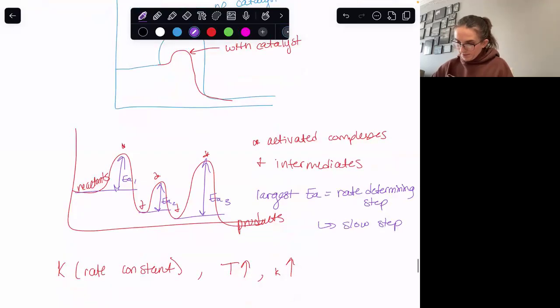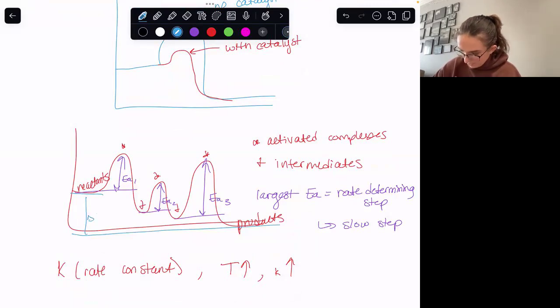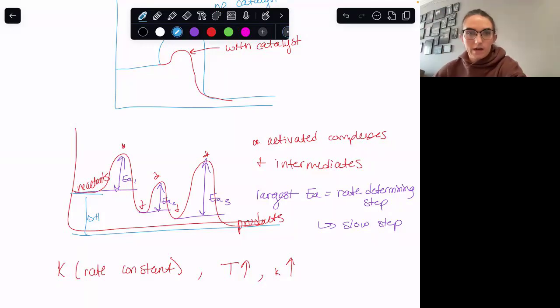And then the difference between reactants and products, this is your delta H. So this one would be exothermic because we have a lower product than reactant. But if we ended up higher, then it would be an endothermic reaction.